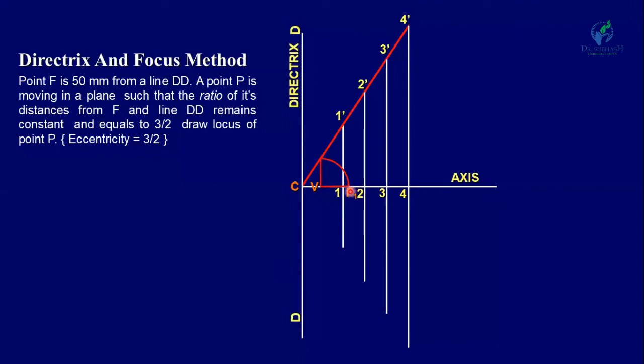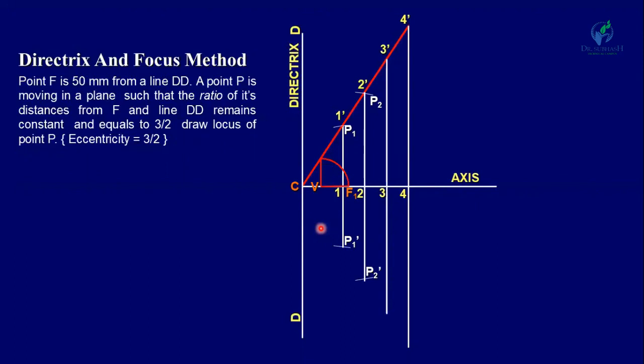Now with F1 as center and radius equal to V1 dash, draw an arc; you will get the point P1, and on the other side point P1 dash. Similarly, F1 as the center, radius equal to 2 dash, you will get the point P2 and, on the other side, point P2 dash.